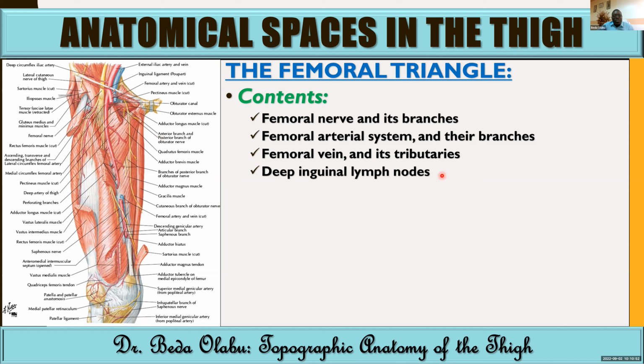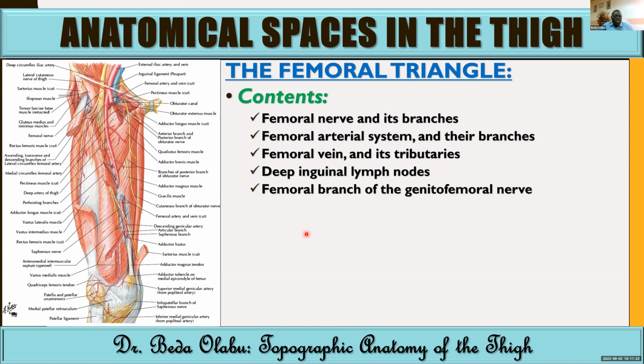We have lymph nodes which are within the femoral triangle. Those lymph nodes are now called deep inguinal lymph nodes. They run along the femoral vessels, the femoral artery in particular. These deep inguinal lymph nodes receive all the lymph from the lower limb. We can say that because they will receive even the superficial inguinal lymph. The lymph from the superficial inguinal nodes enters the deep inguinal lymph nodes.